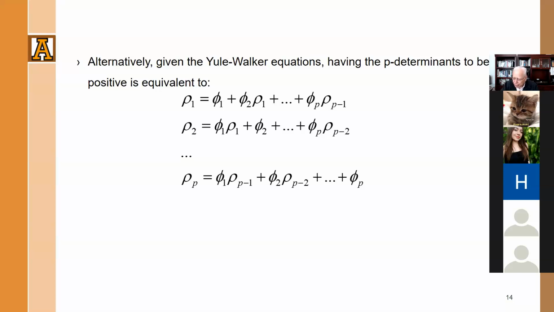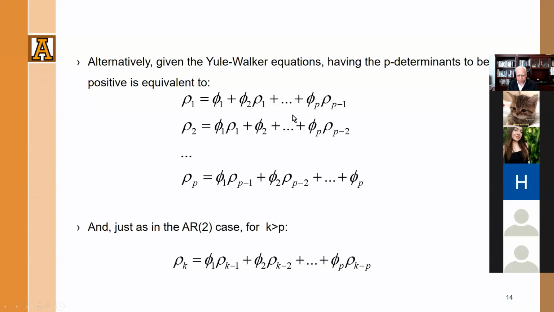But again, the important thing here is that it relates the autocorrelations with the parameters of the model. And just as in the case of k equal to 2, we have the first two Yule-Walker equations to compute rho 1 and rho 2.